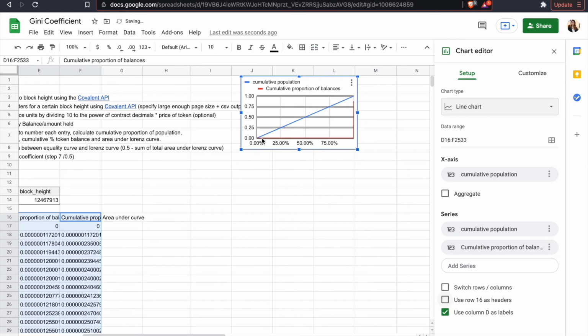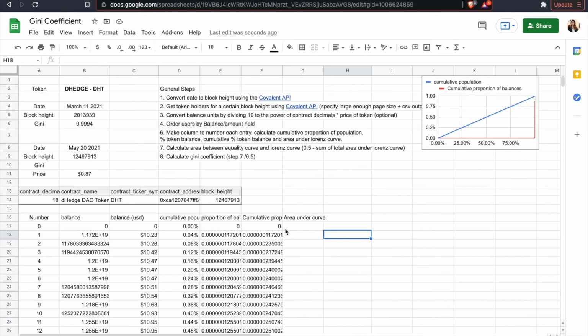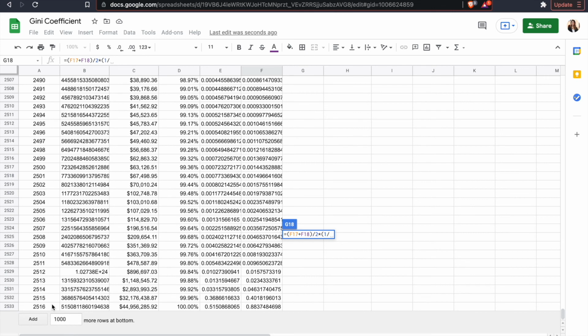But what we want to do now is to find the area under this curve. And to do that, I will make the calculations now. It's just going to be width times height. So it's this plus this, divided by 2, times the width, which is just a shortcut, is just to do 1 over the total number of inputs, because that's just each width.